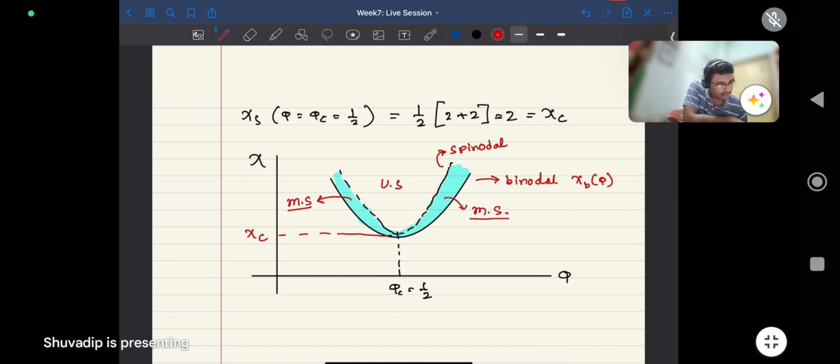So if chi is less than chi c, there is no phase separation, and if chi is greater than chi c, certainly phase separation.